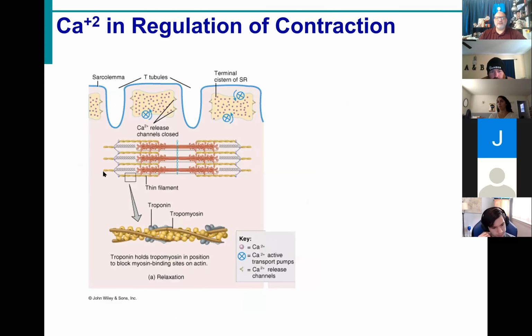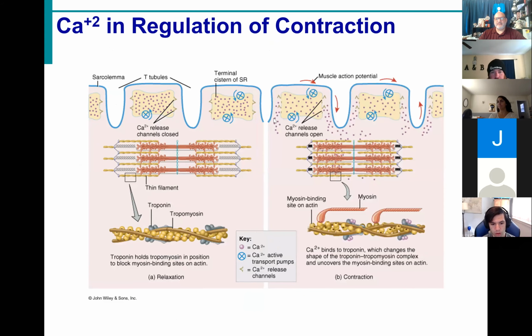Again, here is a third illustration. Notice at this point it is relaxed. Our sarcoplasmic reticulum is closed. The pumps are moving calcium out. Our voltage gated channels are closed. Our regulatory proteins are in the way, and our muscle cell is relaxed. But when our action potential spreads down the sarcolemma and down the transverse tubules, it opens the voltage gated calcium channels, releasing calcium.